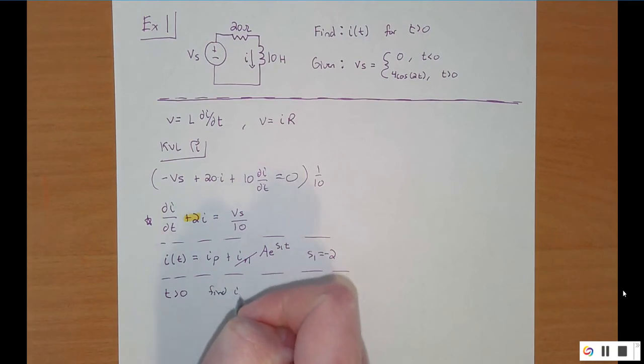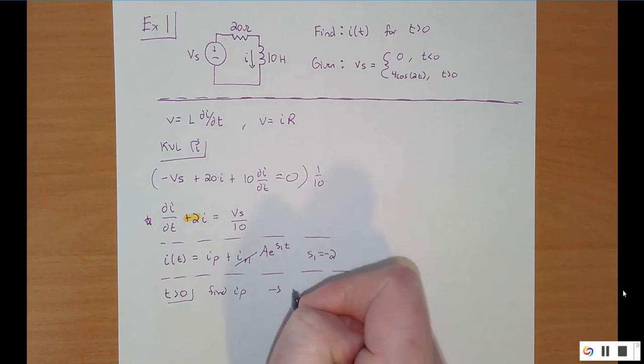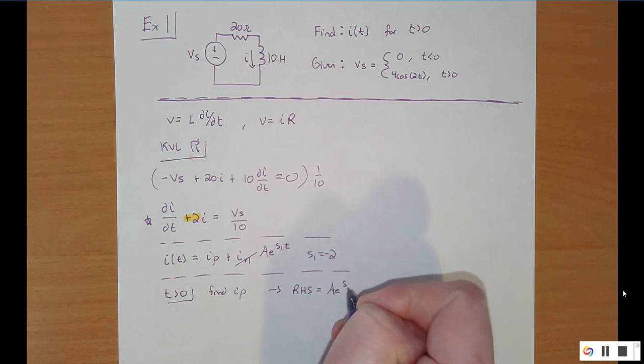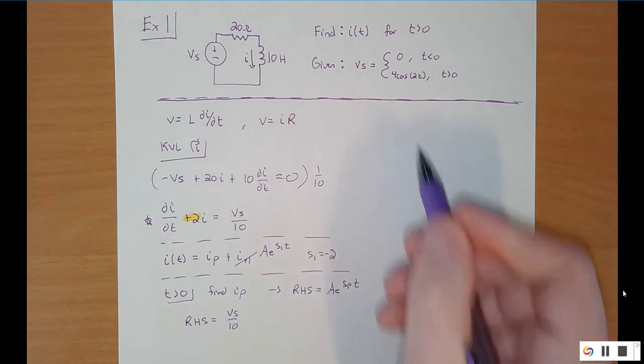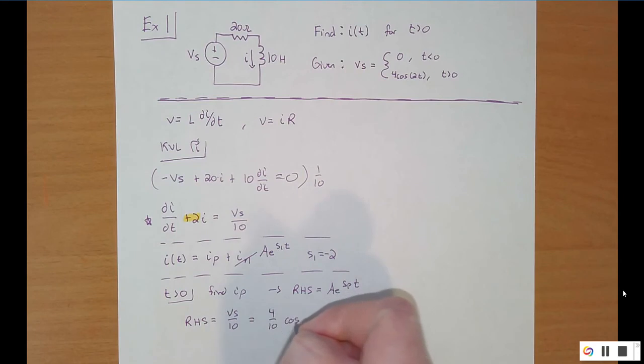So let's go look at t greater than 0 and find i particular. Now when we're finding i particular, we're trying to model the right-hand side as A e to the s_p t. Currently, it looks like this: Vs over 10, where Vs is 4 cosine 2t, so if we rewrite that, we'll get 4 over 10 cosine 2t.